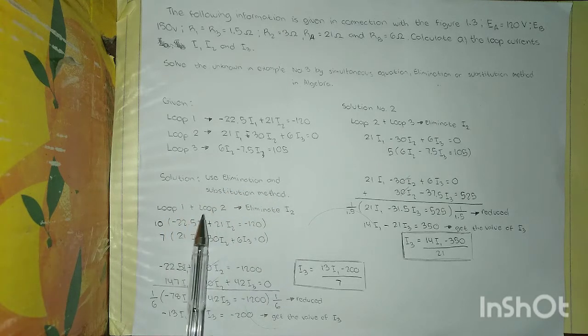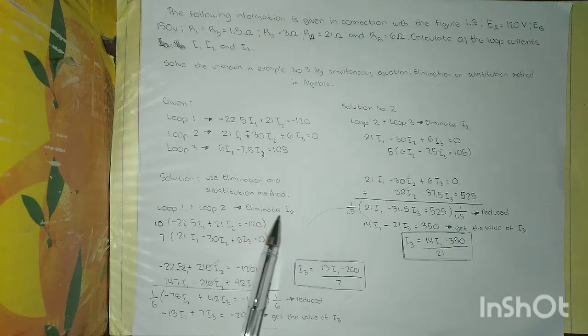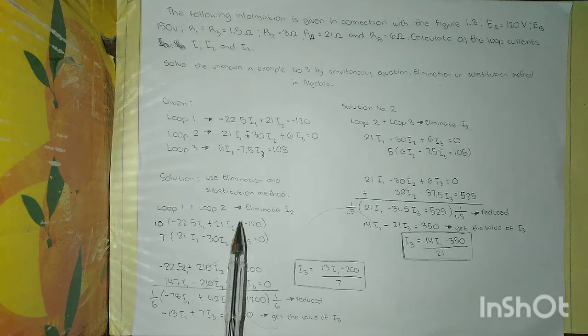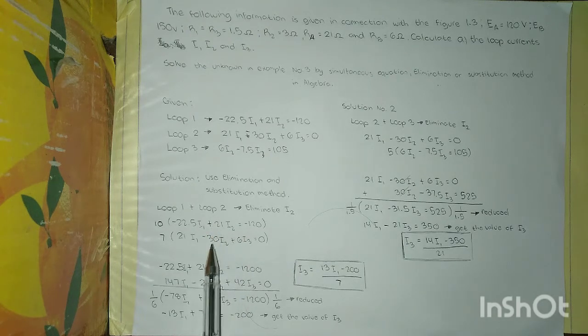So add loop 1 and loop 2 to eliminate I2. In the equation of loop 1, the I2 coefficient is 21, and in the equation of loop 2, the I2 coefficient is negative 30. The least common multiple of 21 and 30 is 210.